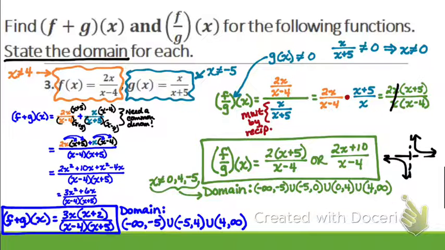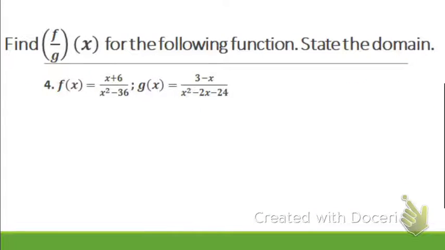All right. Let's do one more that's just like this, only let's focus just on the quotient. We'll just do a quotient and find the domain. So f over g of x. Kind of gross again, because once again I've got 2 rational functions.